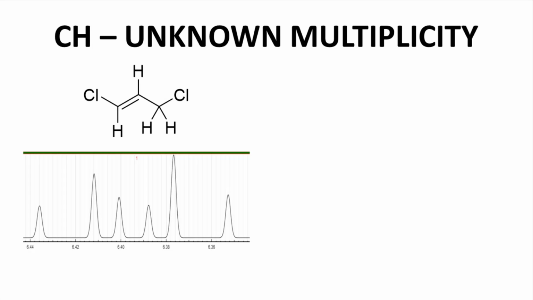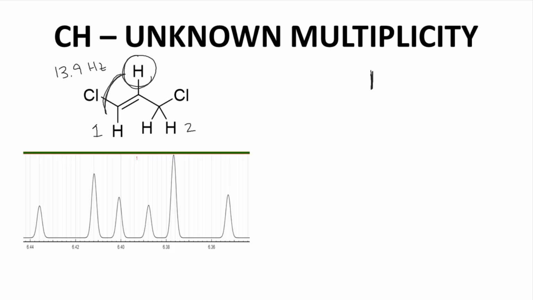Now let's tackle this signal. So this hydrogen has one neighbor on the left and two on the right. We already know what the J value is between these two hydrogens. It is 13.9 hertz. Let's draw this coupling.